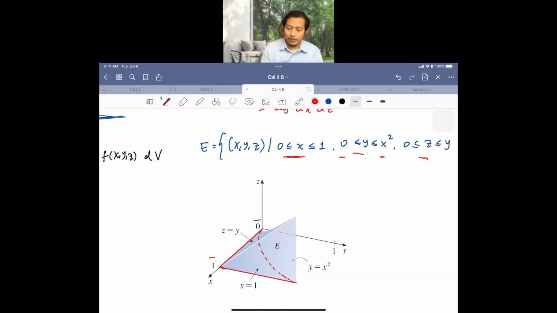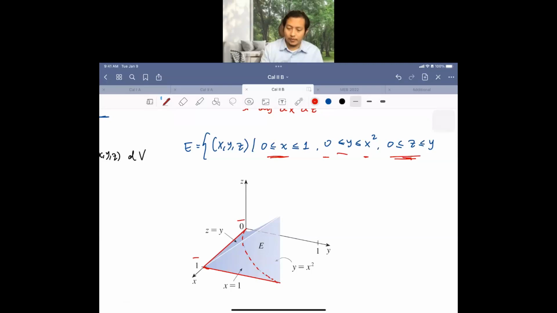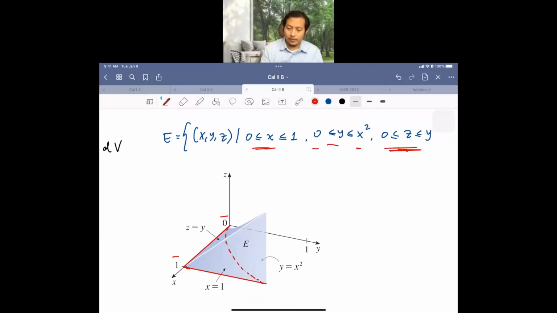But the difficult part, and you need to have good imagination in your mind, is if we are going to put in this z. So z equal y. Let me draw the z equal y in the yz plane first. So this is z equal y. Imagine that z equal y is like having a plane that goes by the slope according to z equal y.